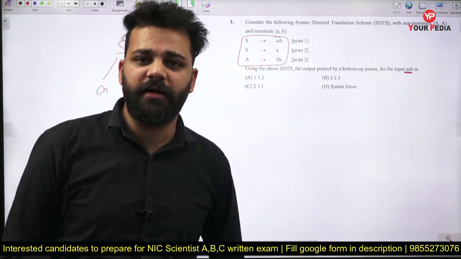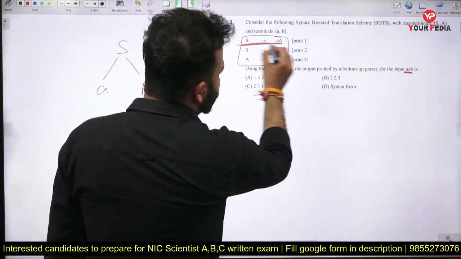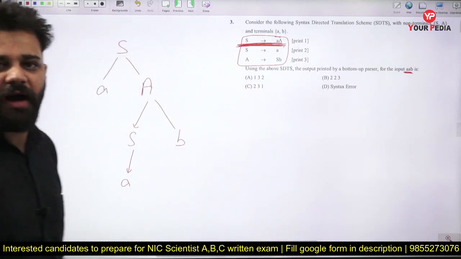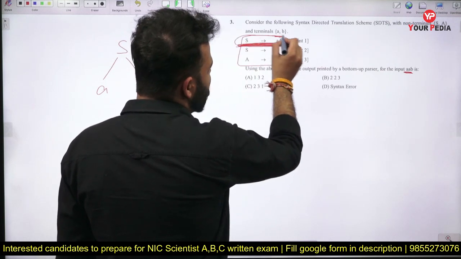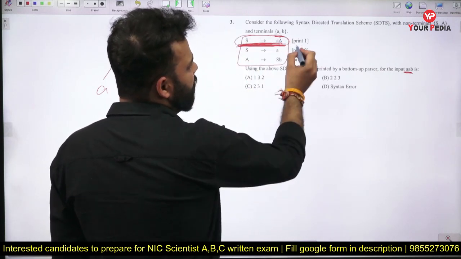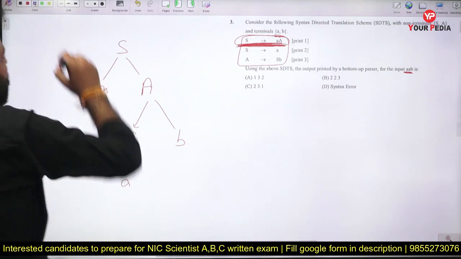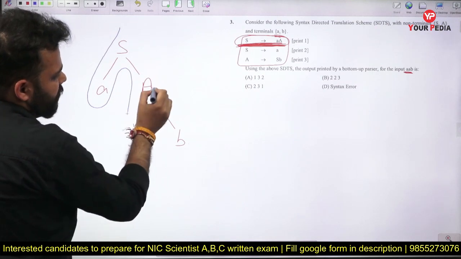Now we have to tell what will be the output. Now when this SDT is completed, after that one will be printed. So when you have traversed all the elements S, A and A, then only one will be printed in this. So let's traverse this tree. So when we traverse this tree, now A is not completed.